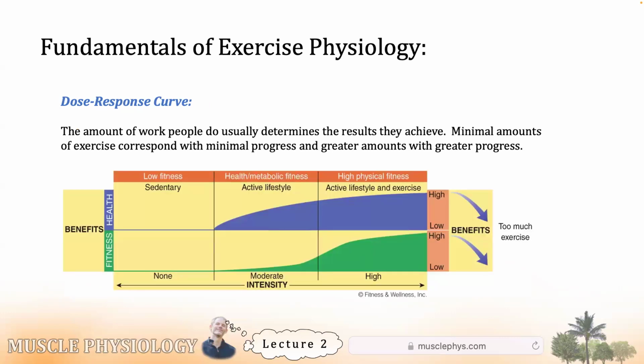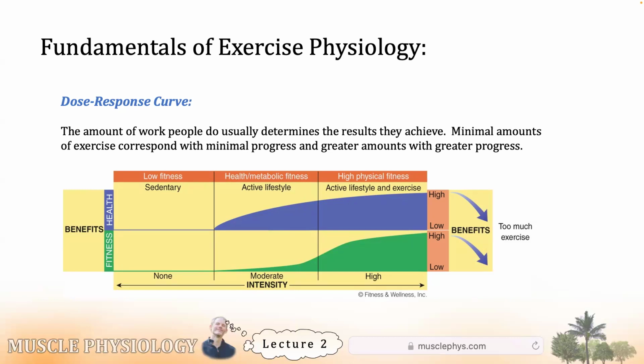Thinking about adaptation in general, this is the dose response curve. In short, the larger the dose, the more calories burned, the more musculature stressed, the greater the response, the greater the adaptation. Now, this applies to both the individual workout and the summation of workouts, the accumulated adaptation over time.